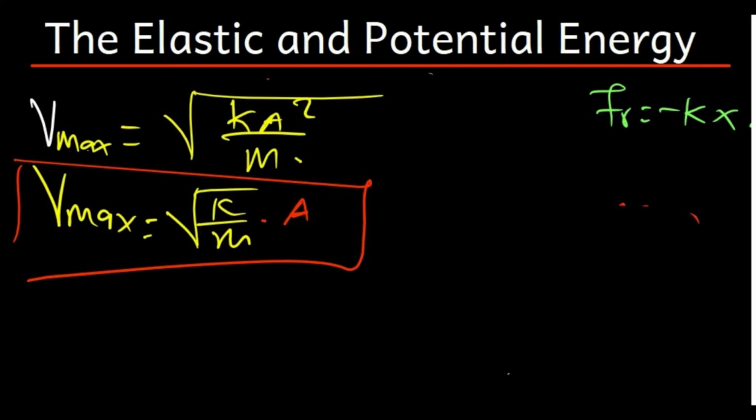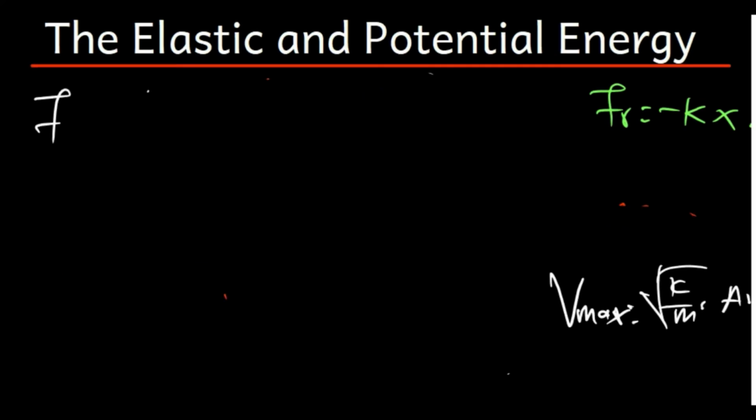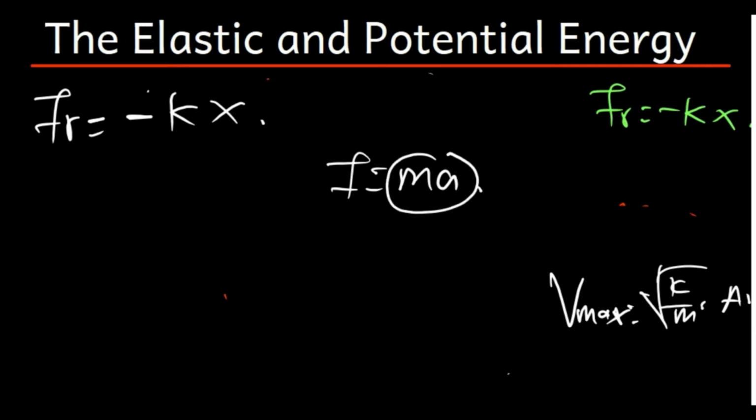Okay, now how do we find the maximum acceleration? To find the maximum acceleration, what we have to understand is that when you're talking about the maximum acceleration, the velocity is going to be equal to 0. Say the resultant force is negative kx. According to Newton's second law, force is equal to mass times acceleration. So I'm going to replace the force with mass times acceleration: ma is going to be equal to negative kx.